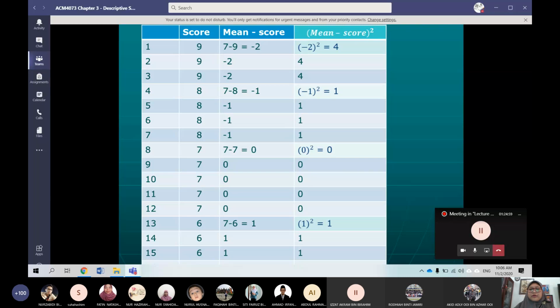Actually, there is more underneath, but you cannot see it. So this is the take-away score. Then you have to square them. Take away 2, square means 4.